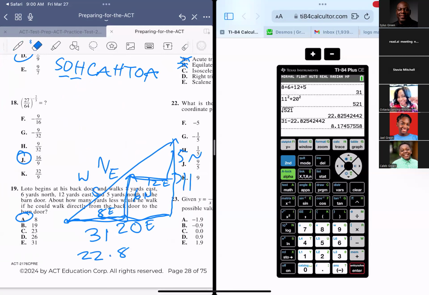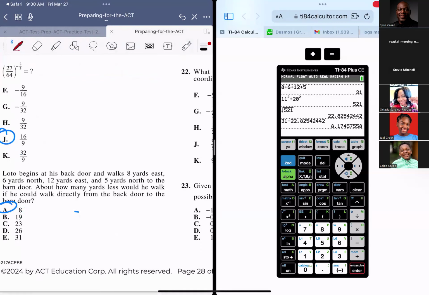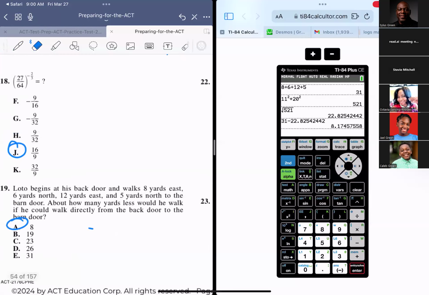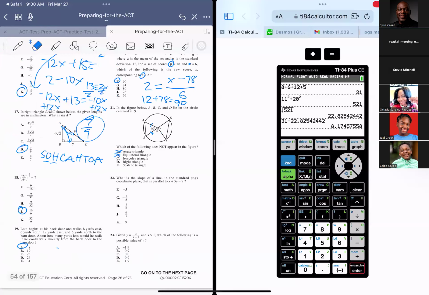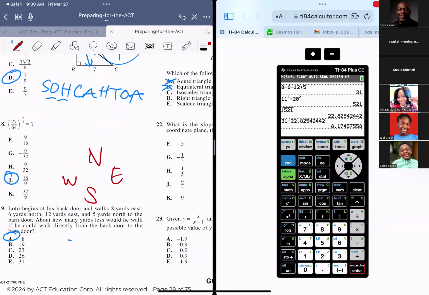Oh, so let me write this more clearly. The reason you know it's a triangle, well, you didn't really determine it was going to be a triangle. It's like when you're walking directly. If we look at the compass, north, east, he's walking north and he's walking east.